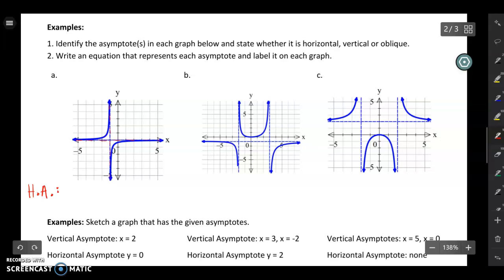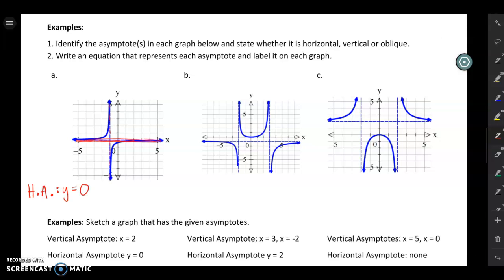If I were to write an equation to represent that horizontal line, what would it be? If you think about that, all along this horizontal asymptote that I'm going over in red right there, the y values are always 0, right? I'm not going up or down on the y-axis. So the equation for that horizontal asymptote is y equals 0.